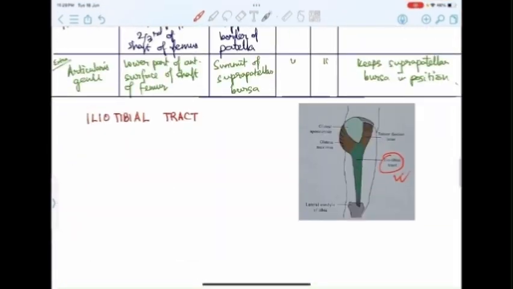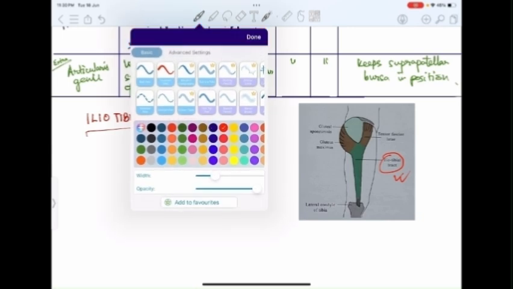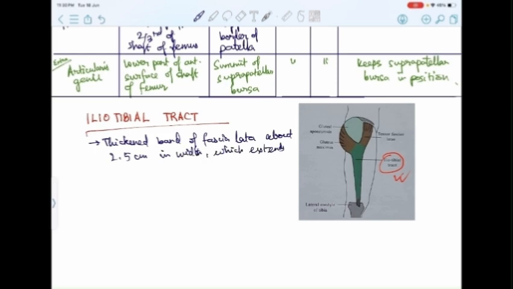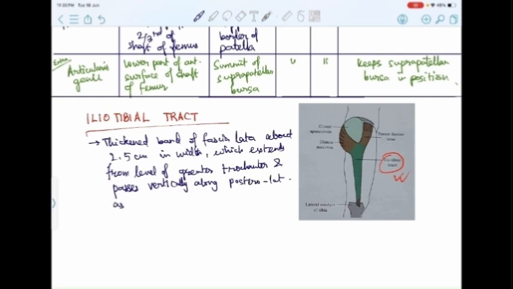First of all, let's get into the iliotibial tract. I tried to show you something, but I couldn't. Anyways, thickened band of fascia lata, about 2.5 centimeter in width, which extends from level of greater trochanter and passes vertically along posterolateral aspect of thigh.